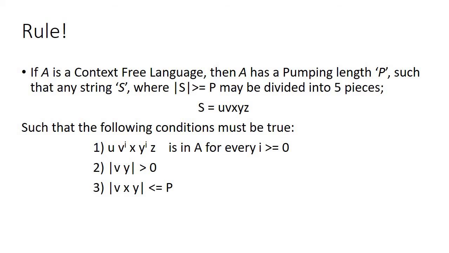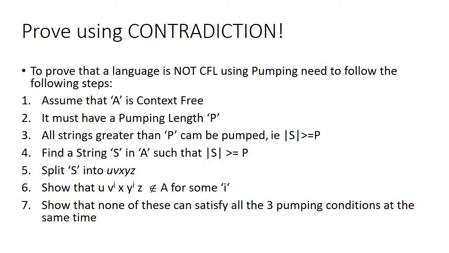As we mentioned in the beginning, it's a proof by contradiction, so we always assume that the given language is a context-free language. Second, we assume that it must have a pumping length P. So the string which can be produced by the context-free language must contain a pumping length.